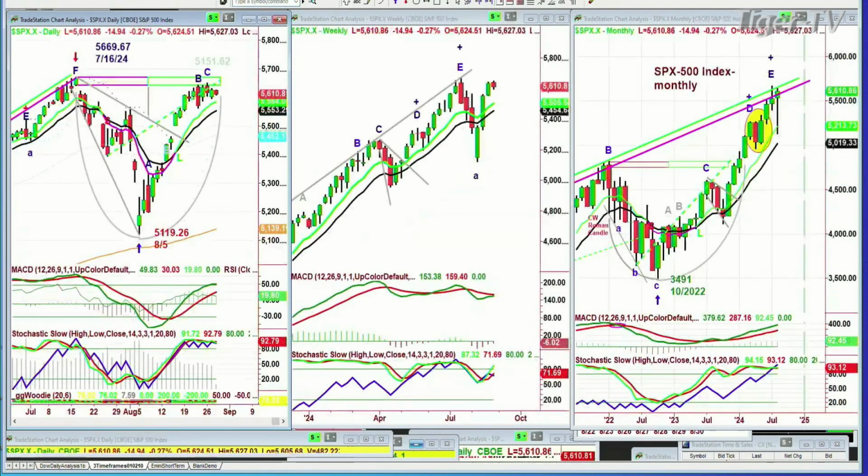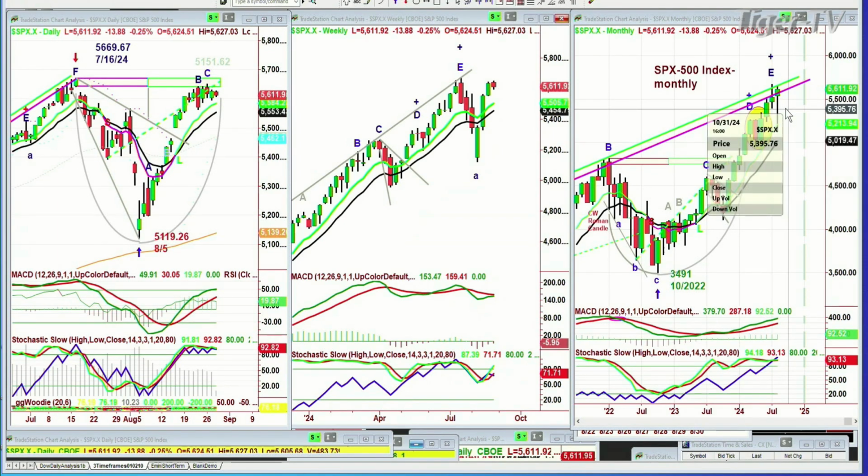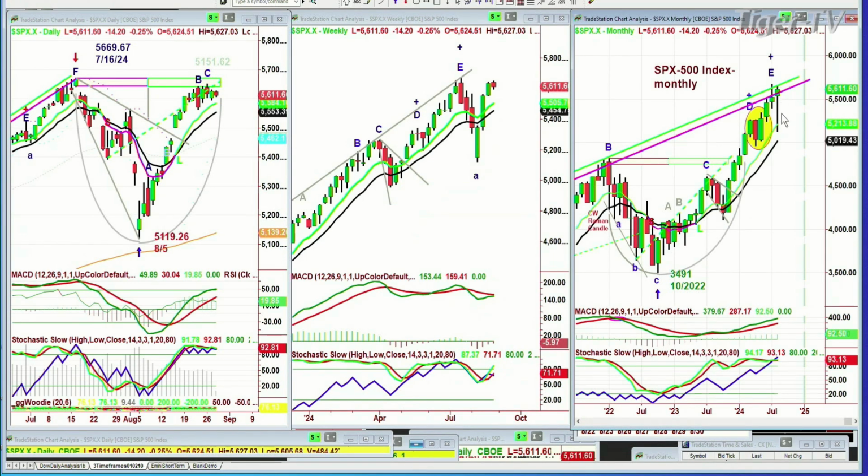If there's a close on Friday, Friday is the last day of the month? Yeah, Friday is the last trading day of the month. If there is a close under 5,400 in the S&P, that'll be a red candle, going from green to red, and that'll be a Chapman wave red Roman candle, one bar after the all-time high at the resistance level.